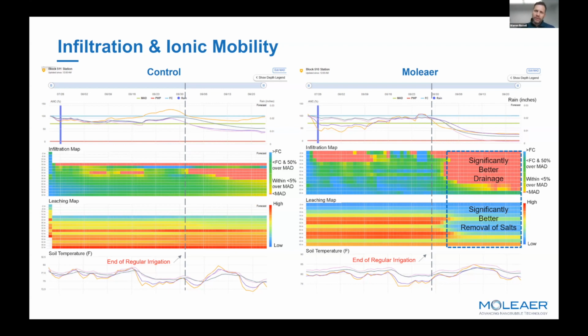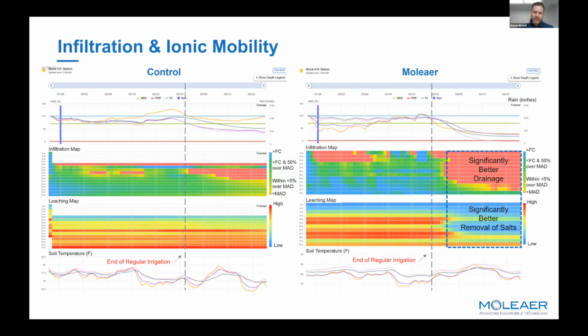By comparison, on the side of the orchard that was getting nanobubbles, you can see a very, very distinct drop-off as the irrigation has stopped. You see that drain-down in the water happening quite dynamically. And as a result, in the bottom heat map, you see the salinity change quite significantly.